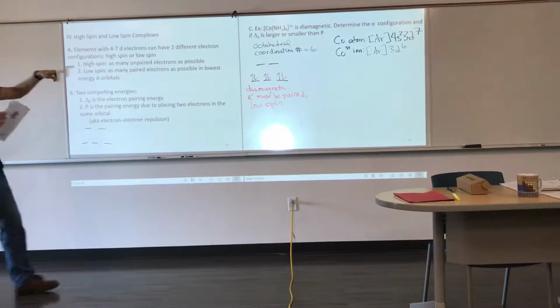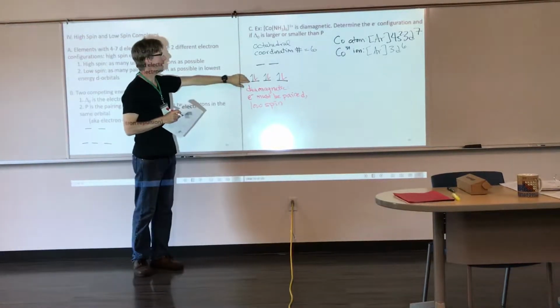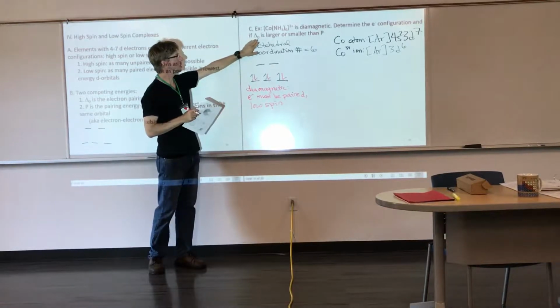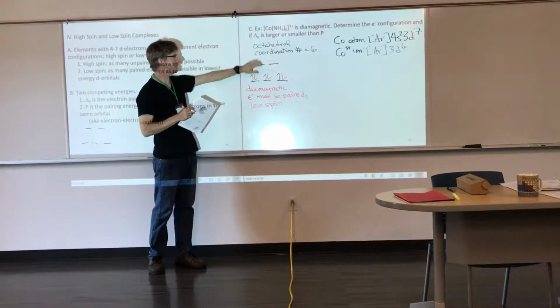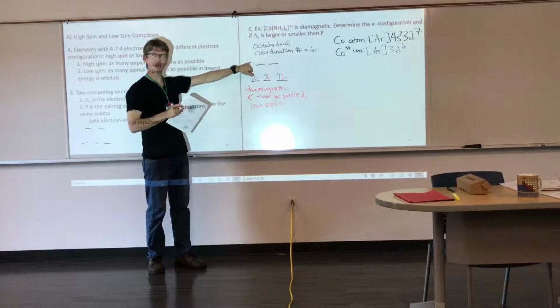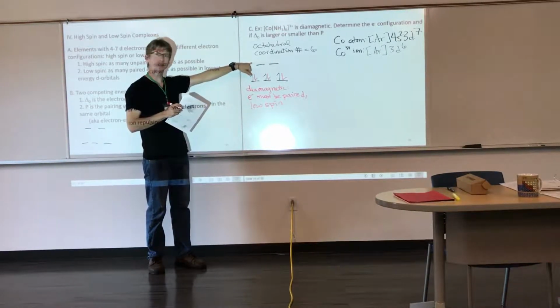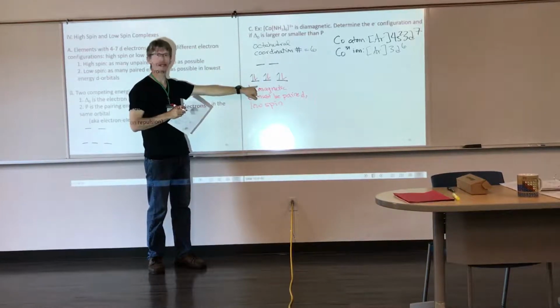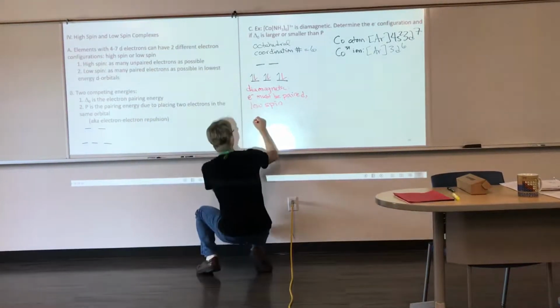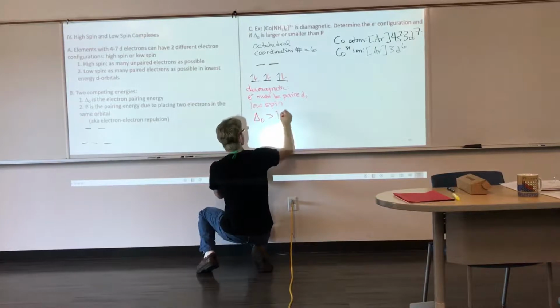Determine the electron configuration. That's this right here. And if delta O is larger or smaller than P, delta O must be larger than P because it's a larger energy, so the electrons pair instead. Good.